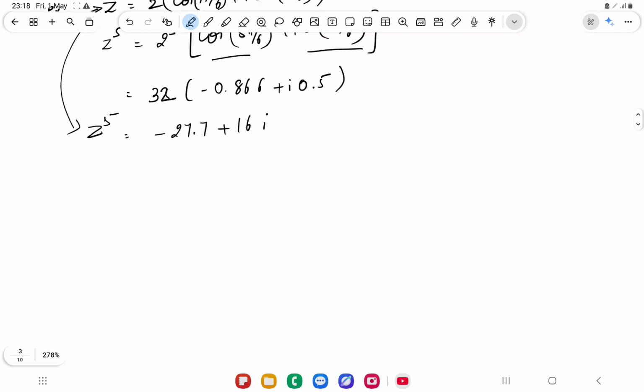Now the next very important topic is finding the nth root of any complex number z. So de Moivre's also helps find roots of a complex number.